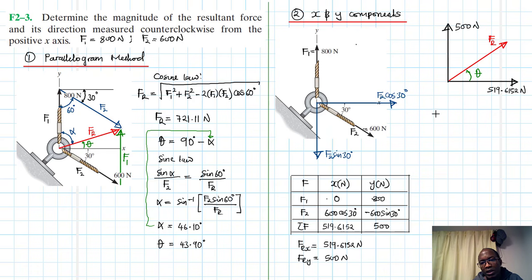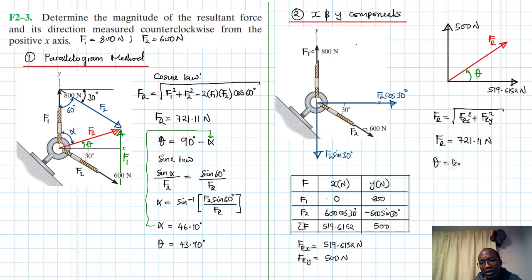Let's find the resultant using Pythagoras theorem. Here we have FRX squared plus FRY squared. Therefore, FR is equal to the square root of 519.6152 squared plus 500 squared, which gives us 721.11 newtons. Then let's find theta.